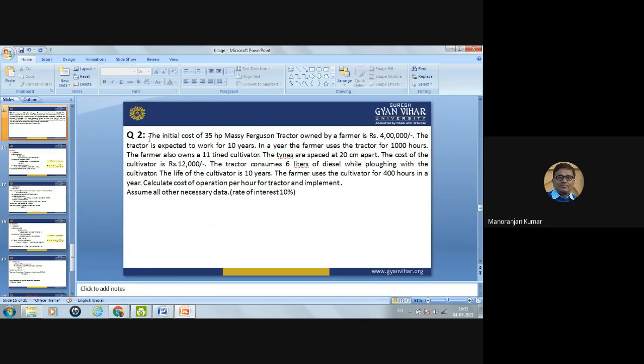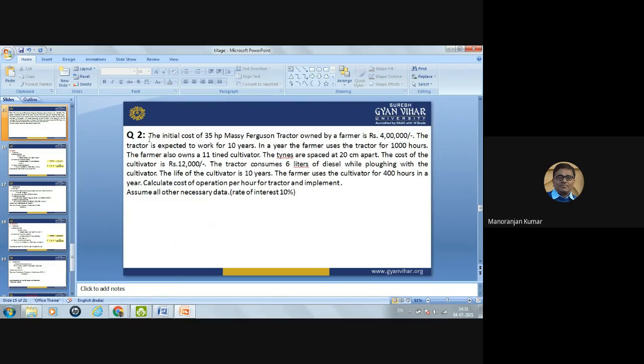Means the capital C is given for the tractor only, 4 lakh, and the life of the tractor is given, N is equal to 10 years. In a year, the farmer used the tractor for 1000 hours. In 1 year how many hours is he using? 1000 hours. Means H is 1000 hours.